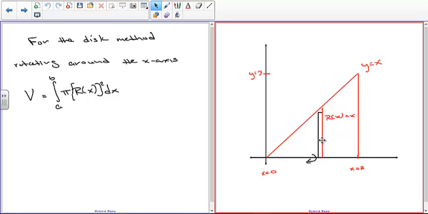We'll find later that you can not only rotate around the x-axis, but I could rotate around the y-axis as well, and that would give me a totally different answer. And so if I'm rotating around the y-axis, I may have the rectangle rotated this way.